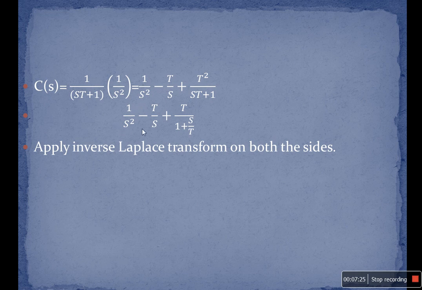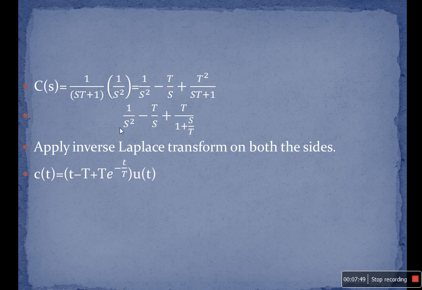Inverse Laplace transform of 1 by s square is t. And here minus tau is the constant. Inverse Laplace transform of 1 by s is 1. And inverse Laplace transform of 1 by 1 plus s tau is e power minus t by tau, because we already discussed this in the impulse response and step response. The same term you are getting here.